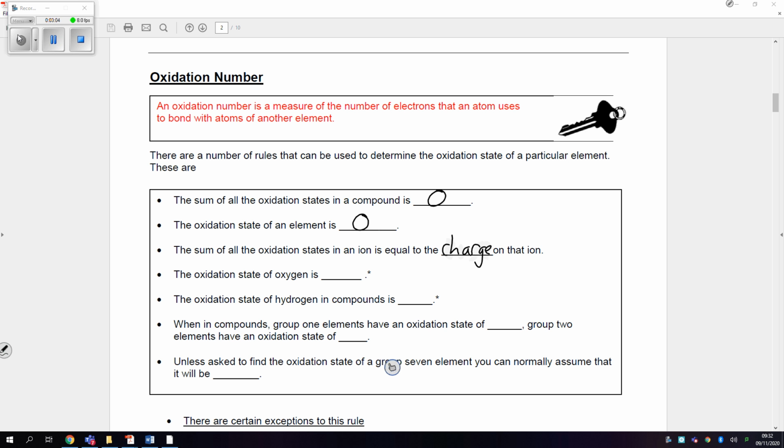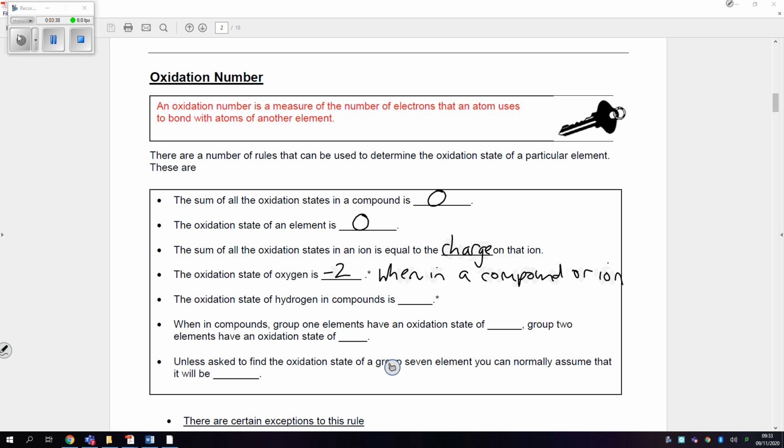Now the next bit, the oxidation state of oxygen is -2 when in a compound or ion. So oxygen as an element, O2 gas, would have an oxidation state of 0 because it is an element. But when you have oxygen inside a compound or inside an ion, it has an oxidation state of -2.